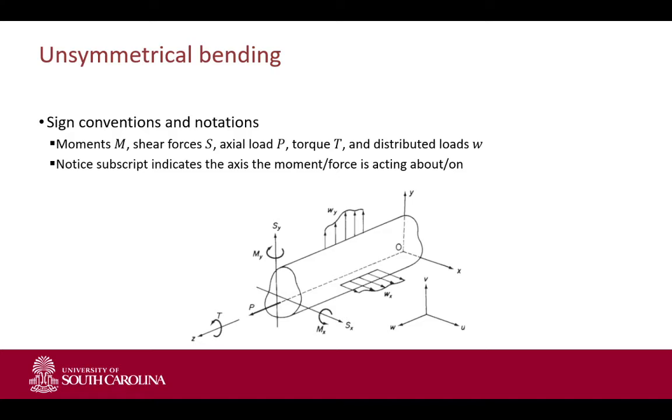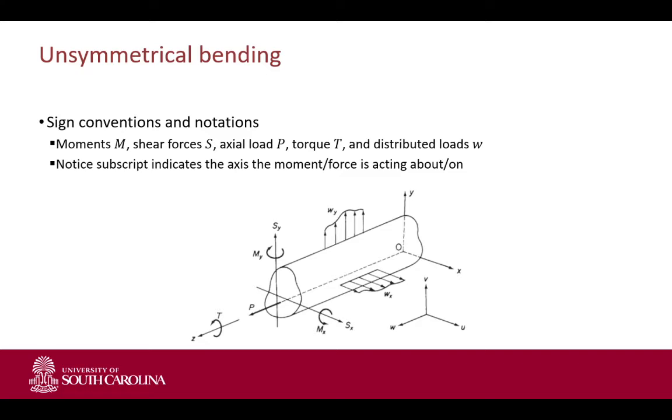I think this is given in the book. I don't know exactly what page, but these are the definitions of your positive moments, positive shear forces, positive axial loads, torsion, and distributed loads, and all the derivations. For the moments, how do you determine what's positive and negative?